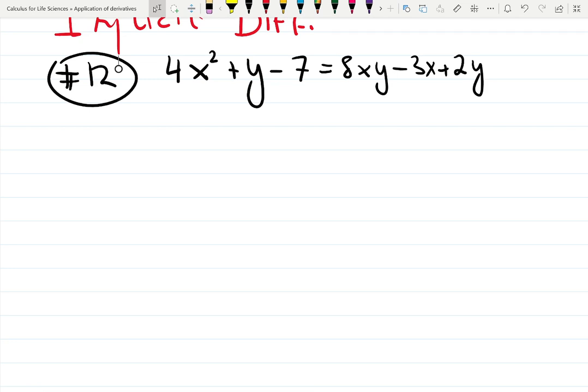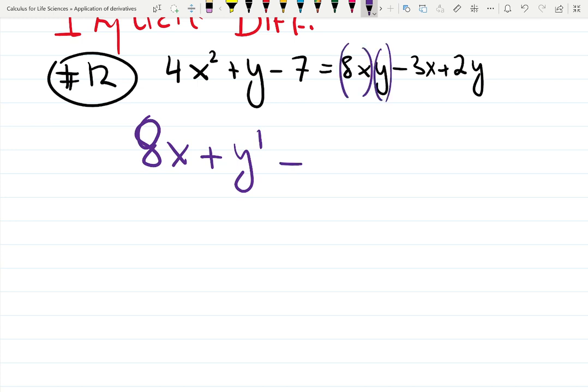Do you remember this? That actually reviews product rule and everything. You treat y as the dependent variable, so the y derivative will be y prime, but x is the independent variable, so the x derivative is just 1. 4x squared gives you 8x, y gives you y prime, 7 gives you 0. 8x times y is the product rule. 8x gives you 8.